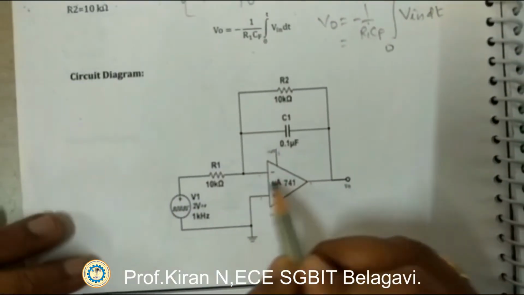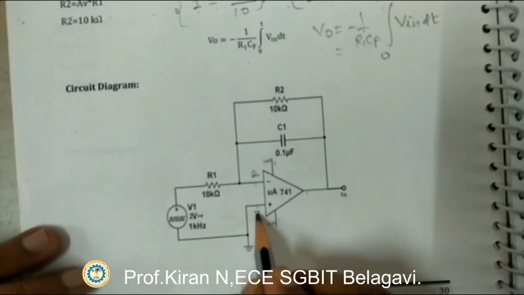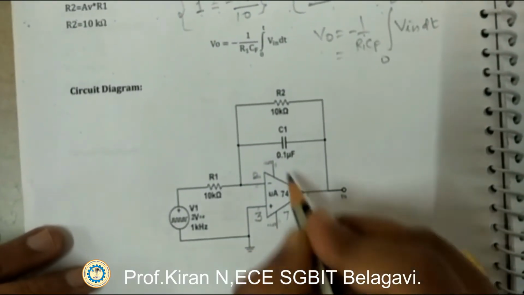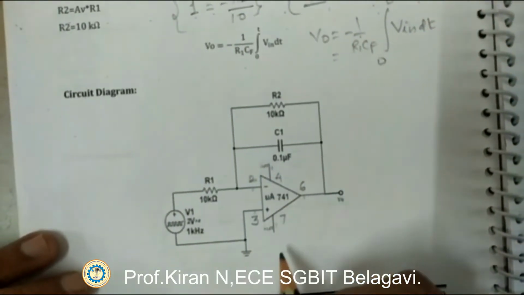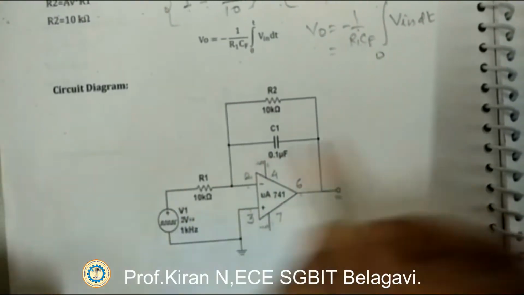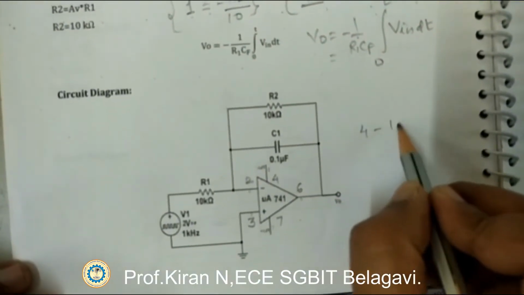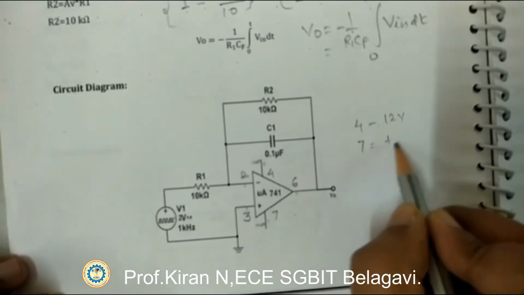So you can see again this is the op-amp. It has pin number 2, pin number 3, pin number 7, 4 and 6. All these 5 pins are very important for connecting the circuit. For pin number 4 we are providing minus 12 volt. For pin number 7 we are providing plus 12 volt.